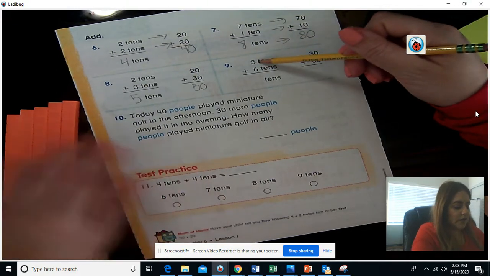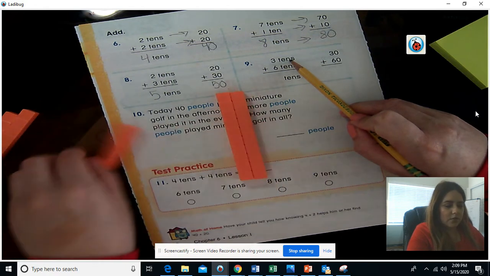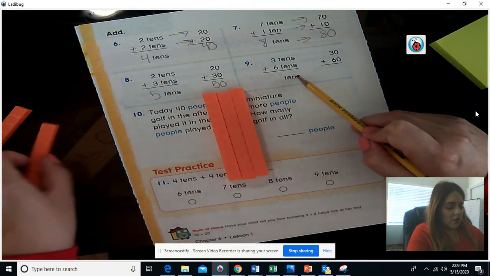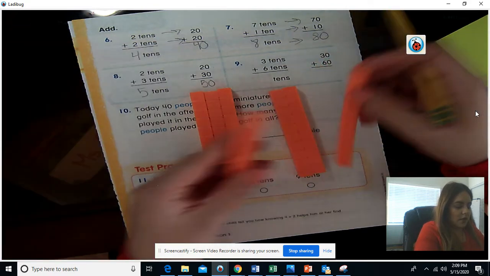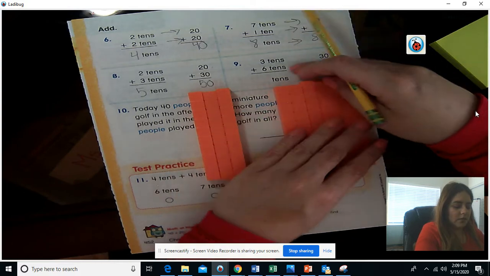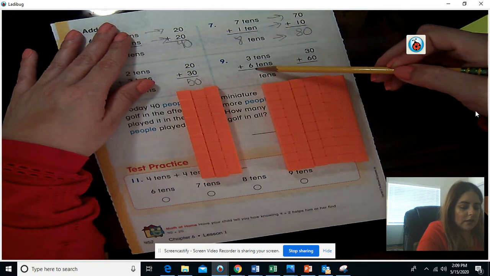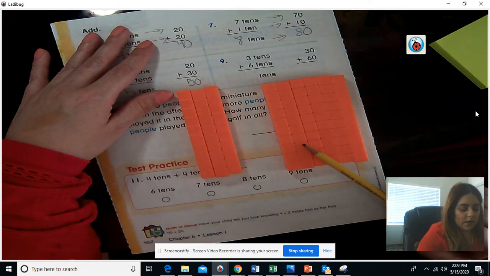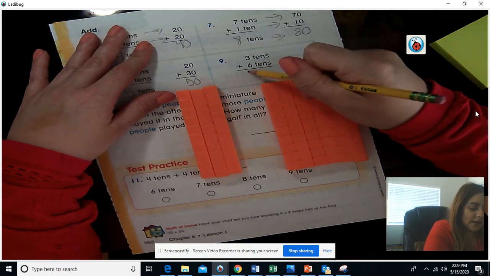Finally, we have 3 tens. 1, 2, 3 tens. Plus 6 tens. 1, 2, 3, 4, 5, 6. 3 plus 6 is, let's count, 3, 4, 5, 6, 7, 8, 9. 9 tens.